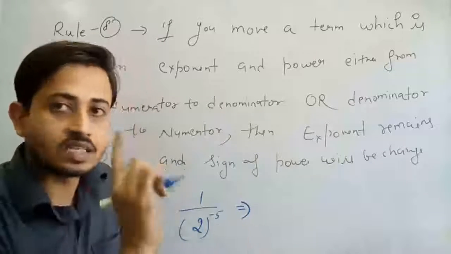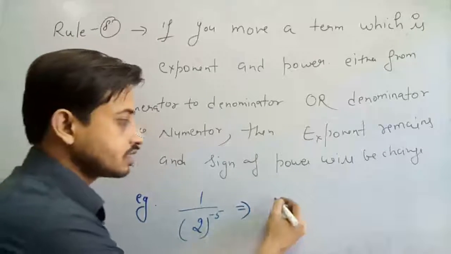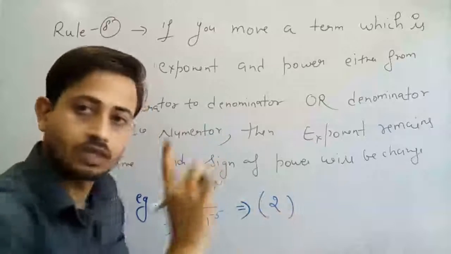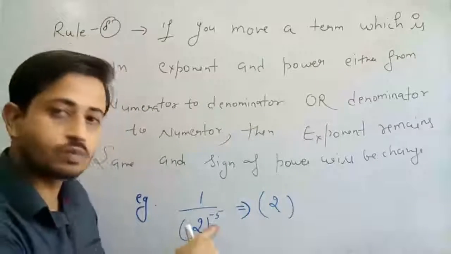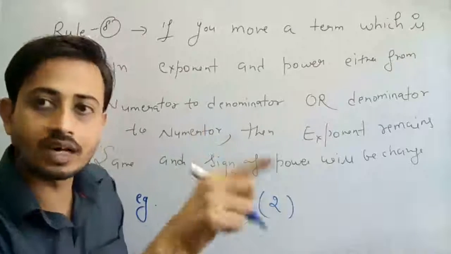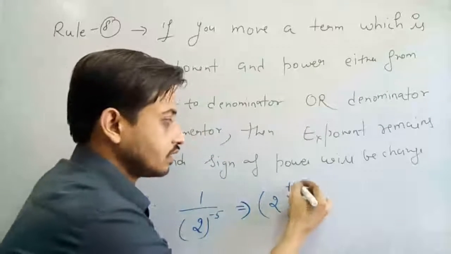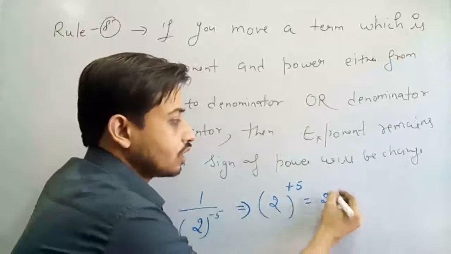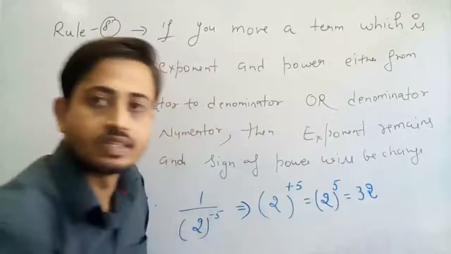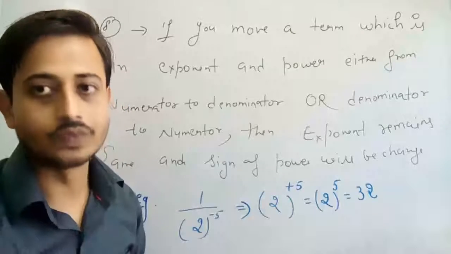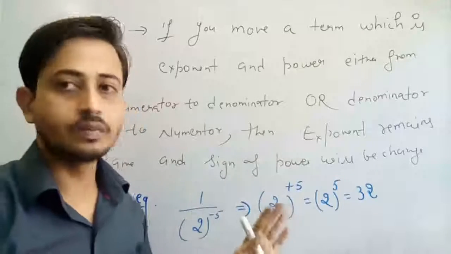The exponent remains the same. So 2 is your exponent, it remains the same, and only the sign of the power changes. Here the power is negative 5, so it becomes positive 5. So the answer is 2 raised to the power 5, and this answer is 32. I hope this property will be clear to you.